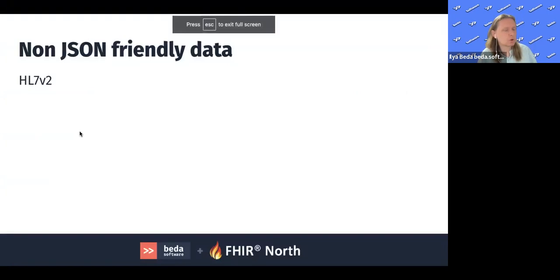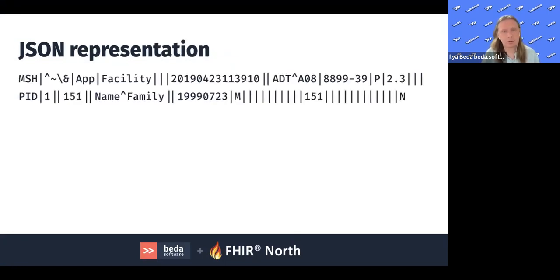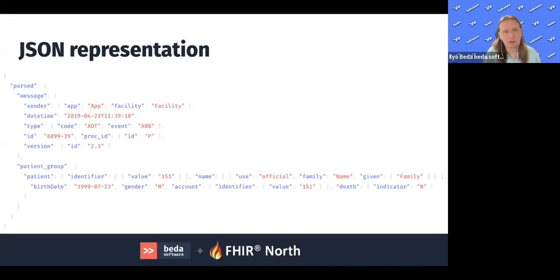However, when we are talking about some legacy formats, not all of them are available in JSON or XML. For example, if you're working with accounting information, you may face the X12 protocol, or most likely you will face HL7v2. It is a text format, not JSON, so it seems that you can't use a path engine to query it, but you can do some kind of transformation.